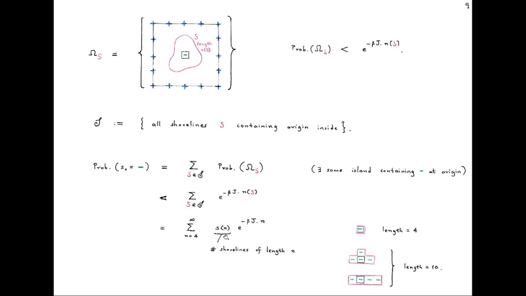So we will have to keep track of that. Here S_n denotes the number of shorelines of length n of an island which contains minus at the origin. And this length will go from 4 onwards, because the smallest island which contains minus at the origin is just the island minus itself, and that has length 4. Okay, so we have got this sum. So if we somehow manage to estimate also how many shorelines there are of a particular length, then we would also get this probability.